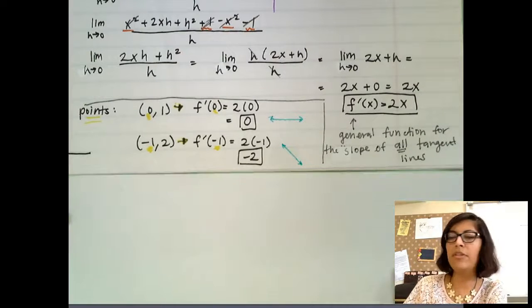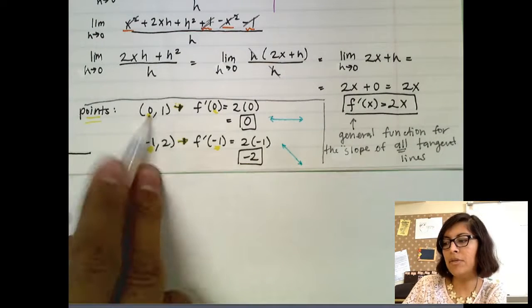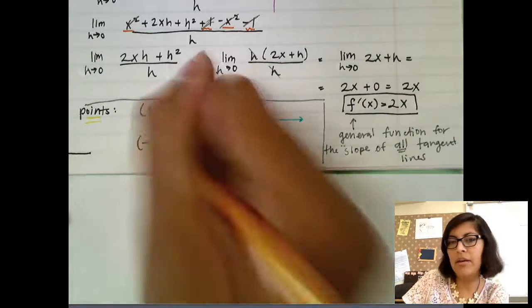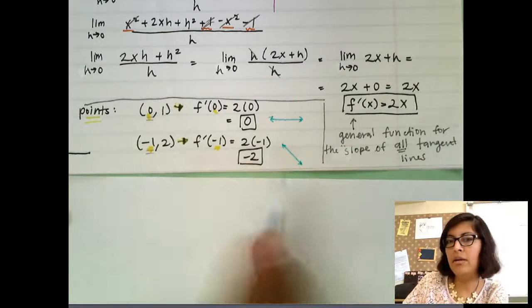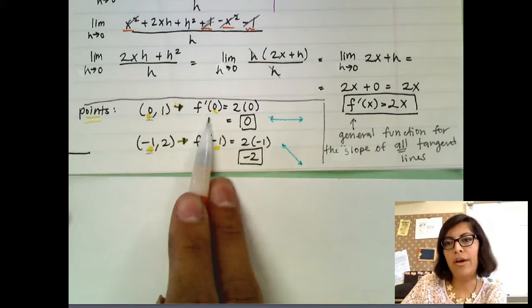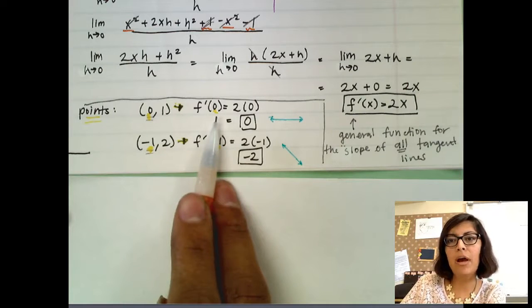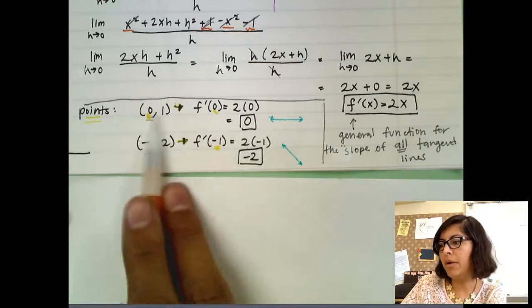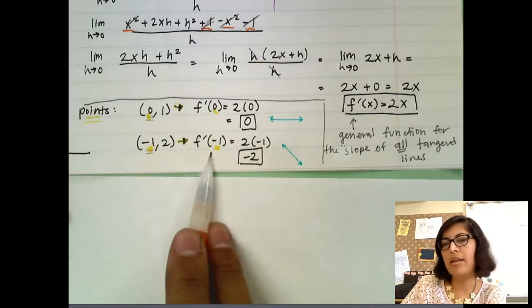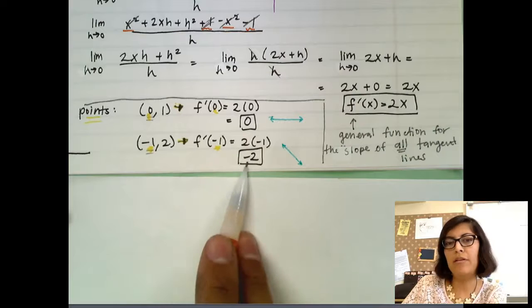But we're just looking for the slope of the tangent lines at two specific points. So here's our x value here, and this is our x value here. We plug them into the equation we got for our derivative. Plugging in 0 gives us 0, and plugging in -1 gives us -2.